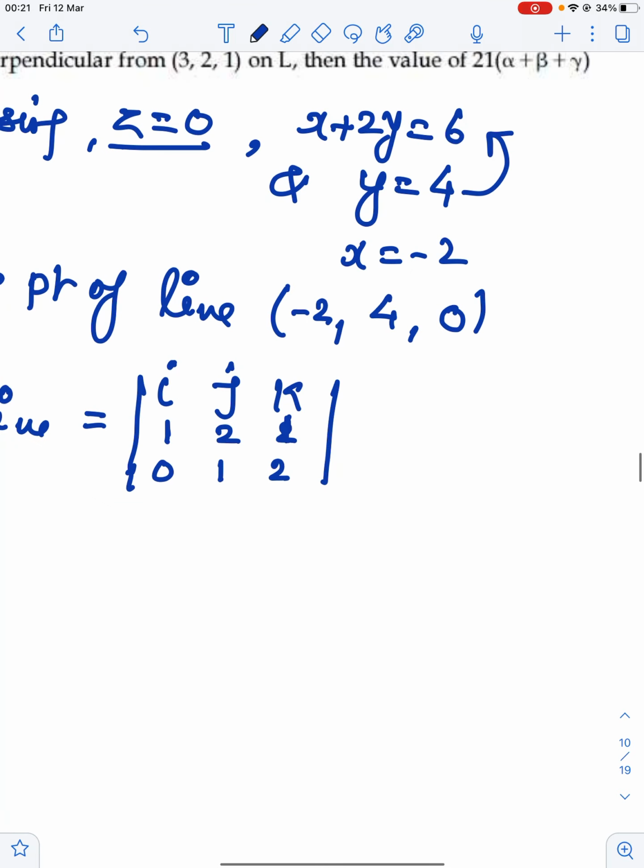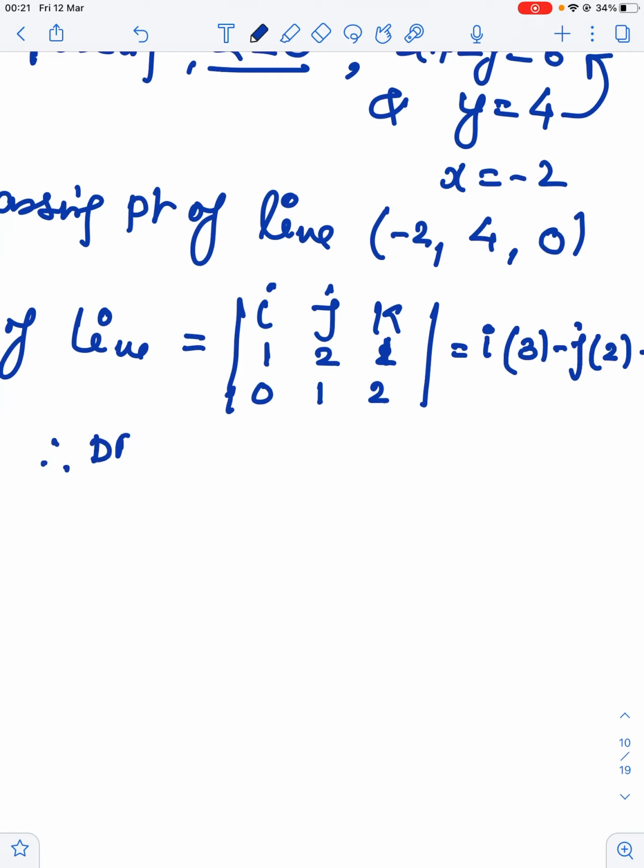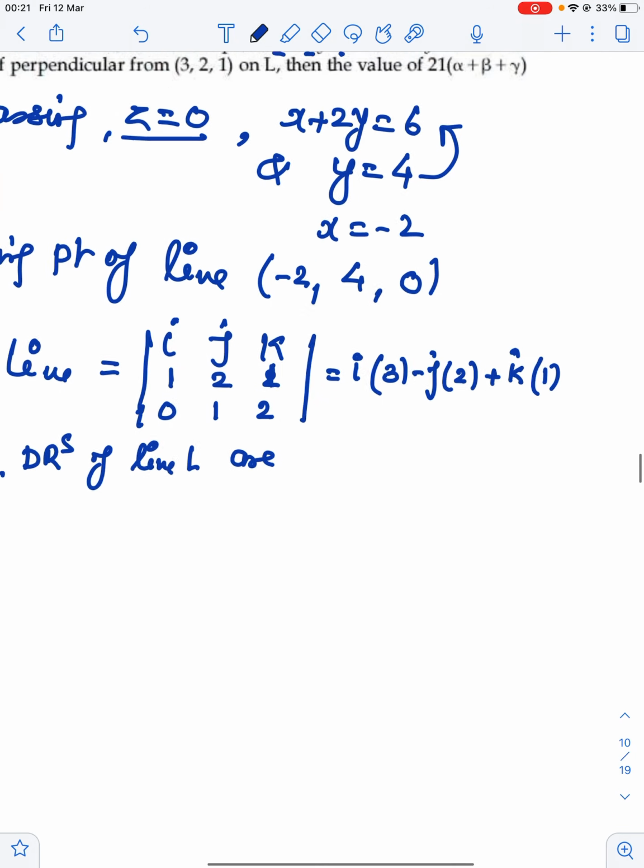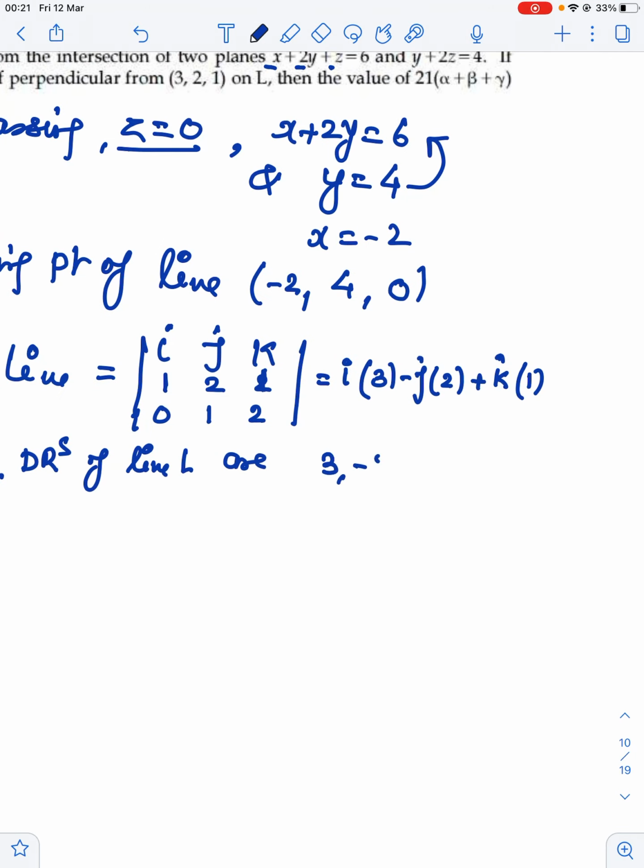So this vector is the direction ratio vector of the line. So i times (4 minus 1), minus j times (2 minus 0), plus k times 1. So direction ratios of line L are 3, minus 2 and 1.